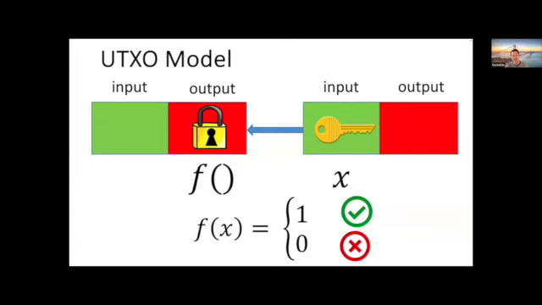Think about it as a lock on every Bitcoin you own. Only if you possess the right key, it doesn't really have to be a private key, it can be any so-called witness input. If it matches the lock, then you can spend the coin. So that's how Bitcoin smart contracts work.